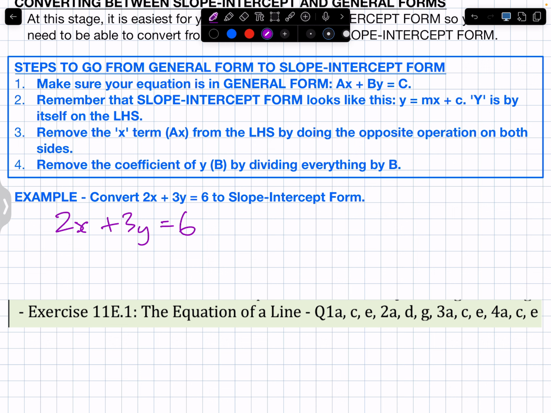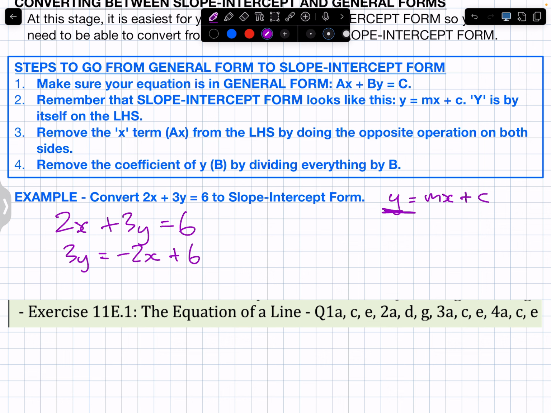Let's demo these steps. I want that general form to look like this: y is equal to mx plus c. What's my first problem? I have x and y both on the left-hand side. How do I get rid of positive 2x? The opposite of positive 2x is negative 2x, so it's going to be 3y is equal to negative 2x, add 6. What's my next problem?